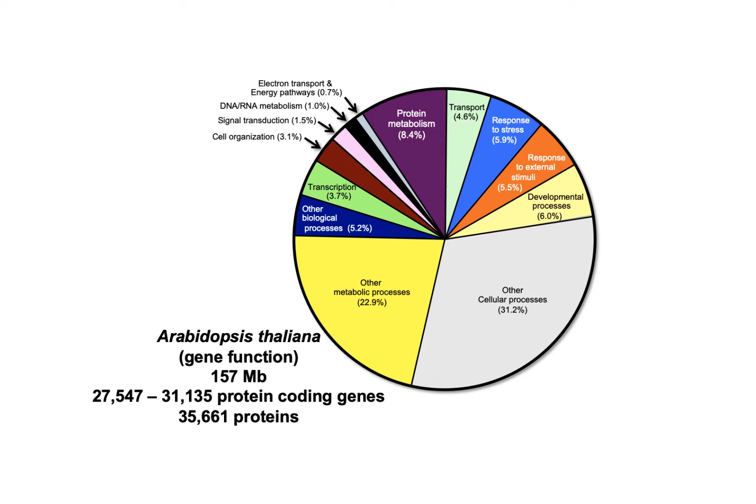But it has quite a few more genes involved in developmental processes, since it is a relatively large multicellular organism. And a lot of its genome is devoted to responses to stress and response to external stimuli.